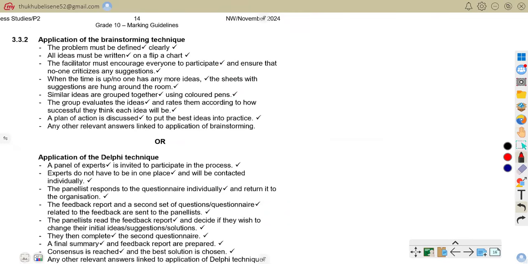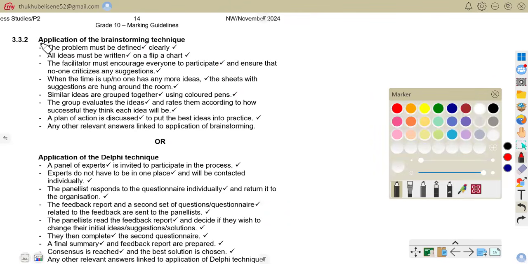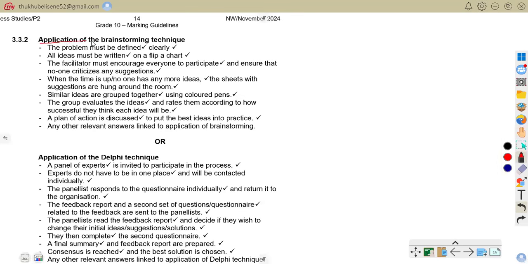Now we are on the application of brainstorming. If you are going to go for brainstorming, or if you are going to go for the Delphi technique, these are the answers that we gave from 3.31.